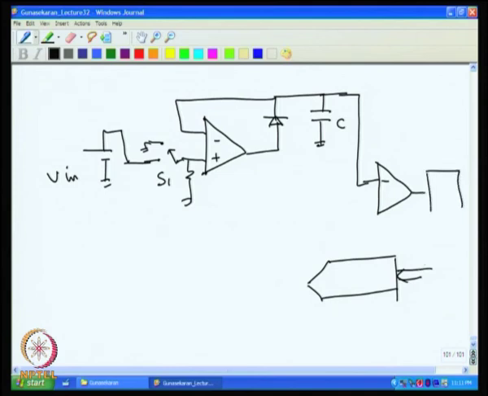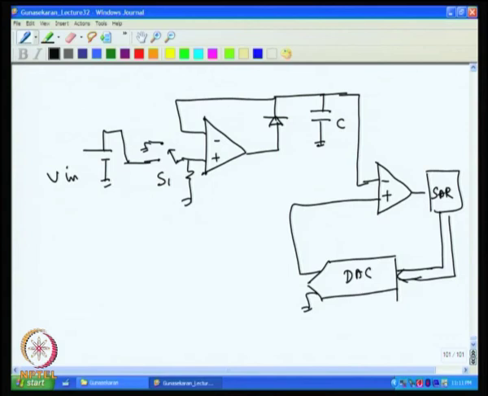This is given to a successive approximation register, and this is the DTA converter, and the analog voltage can be given to the comparator.